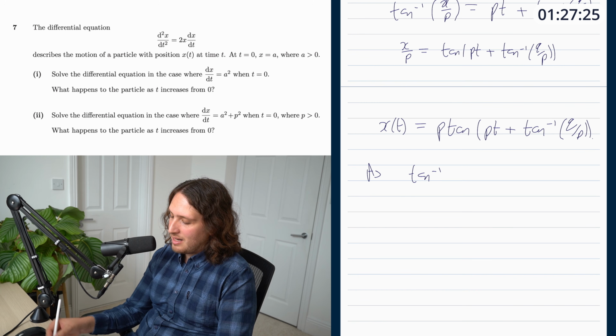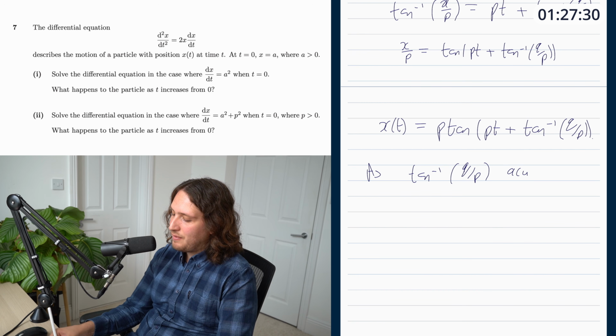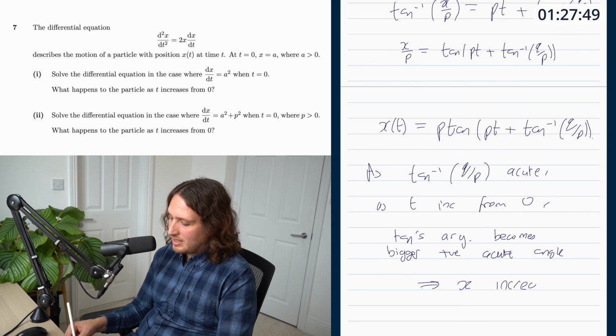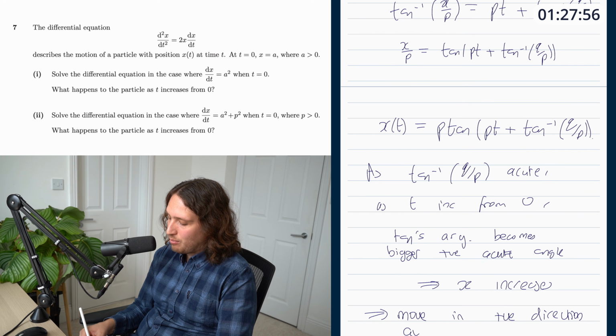As arctan q over p is by definition acute, as t increases from 0, the tan's argument becomes a bigger positive acute angle. So that means that x increases. So I move in the positive direction away from my starting point, which was, again, x equals a.